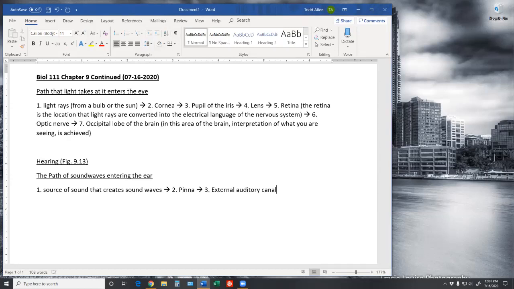Okay. So the external auditory canal is right there in the middle of page 161. Those sound waves will then funnel through the external auditory canal, and they will strike up against the surface of your eardrum, okay, which is sometimes also known as the tympanic membrane.